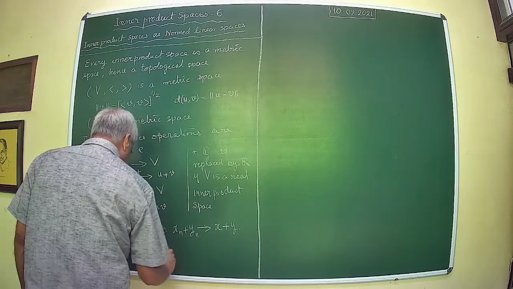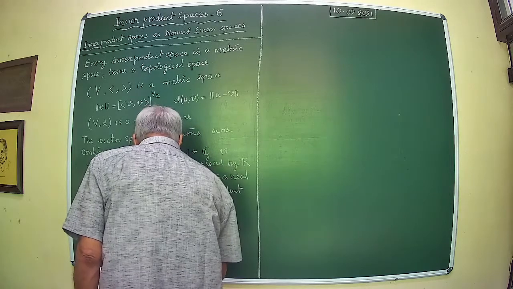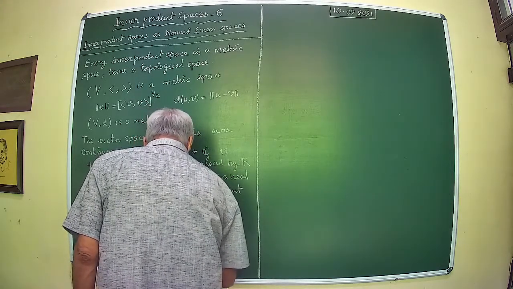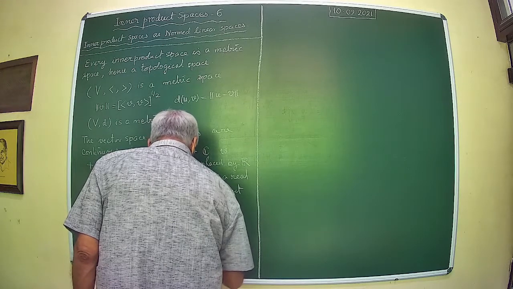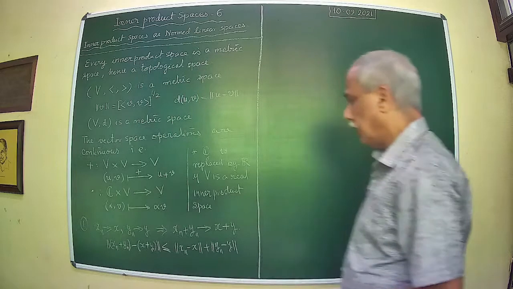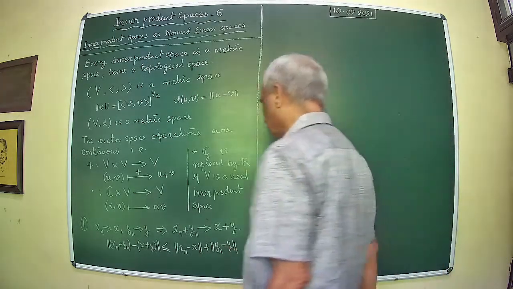By the triangle inequality, this is at most the norm of xn minus x plus the norm of yn minus y. Now you know that xn converges to x and yn converges to y.